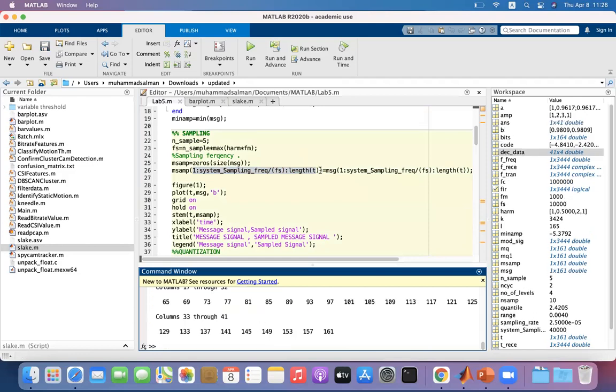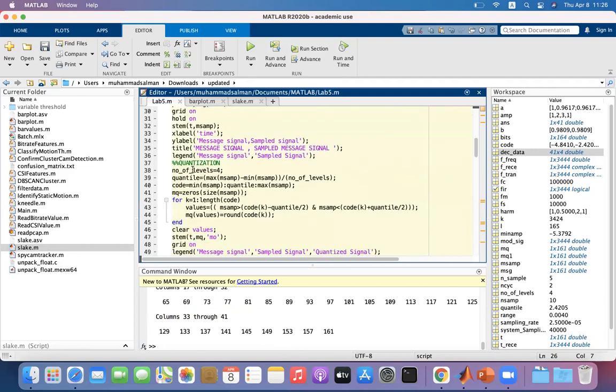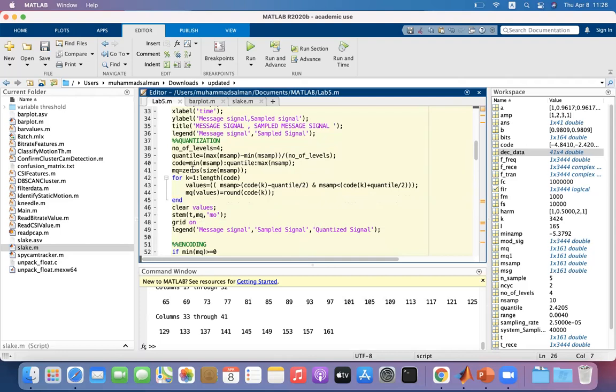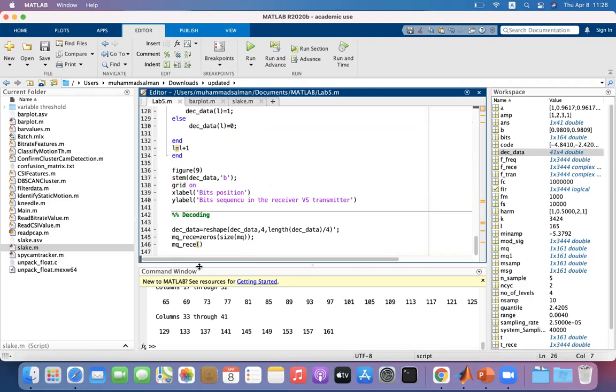All right, so I should use this one. Or this one, this one is much better. Anyway, it's similar.